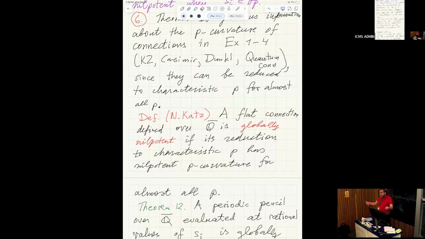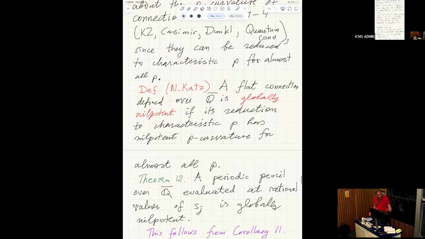If you have a linear differential equation over algebraic numbers, you can take a sufficiently large prime, which does not occur in any of the denominators of coefficients, and reduce it mod p. Then you get a family of equations in characteristic p sufficiently large. And Katz said that it's globally nilpotent if the p-curvature is nilpotent for almost all p. So this is an important notion.